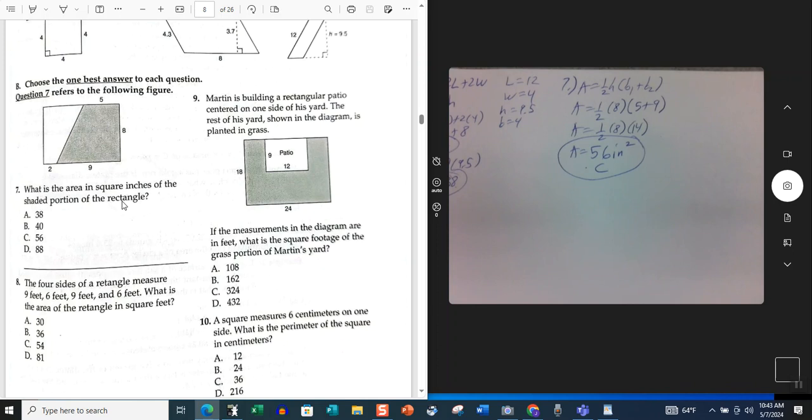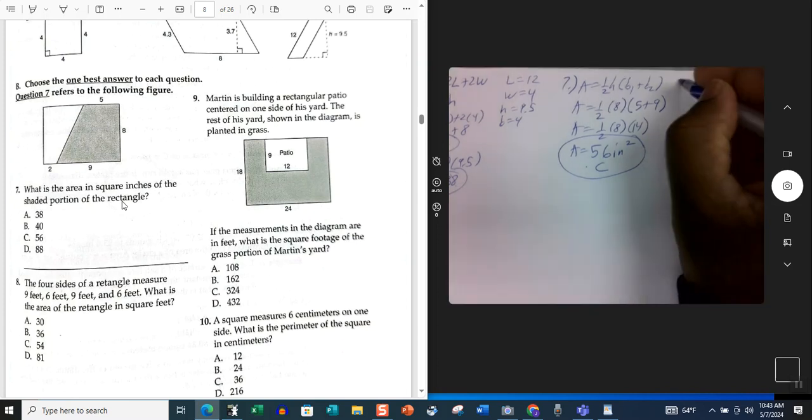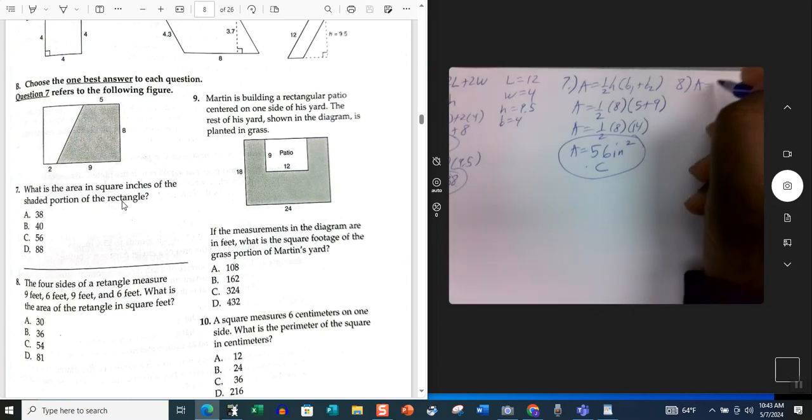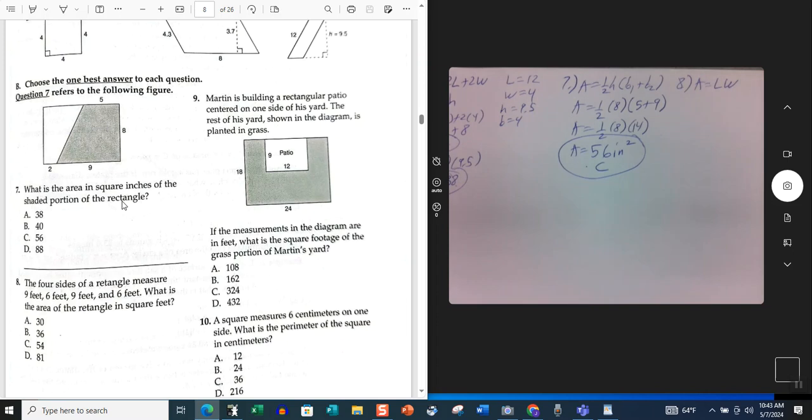Okay, number 8. It says the four sides of a rectangle measure 9 feet, 6 feet, 9 feet, 6 feet. What is the area of the rectangle in square feet? Now remember, the rectangle's area is length times width. Now we know that opposite sides are equal with a rectangle.